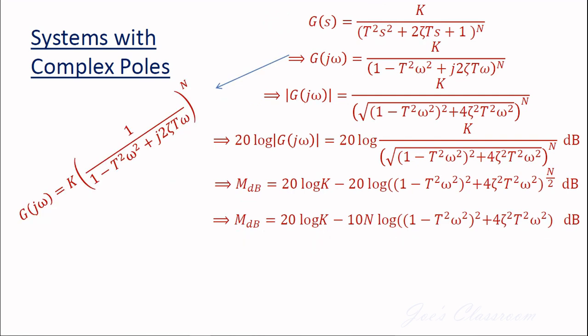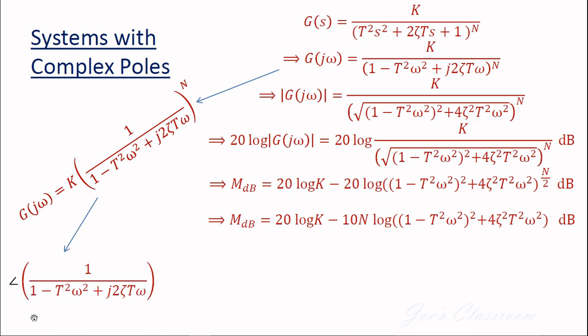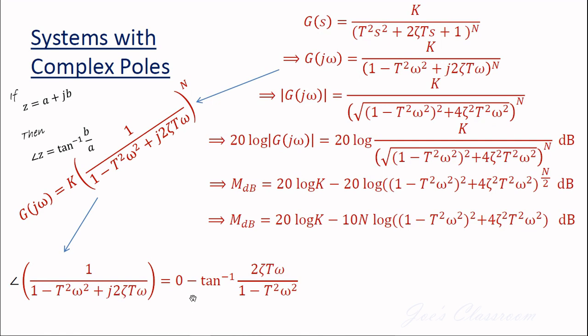Now let us focus on the angle of g of j omega. Of course, this can be written in this way. And in this case, I need to find out the angle of this complex number, and I can multiply it with n. So let me find out the angle of this. The angle of this is going to be angle of 1 minus angle of this.